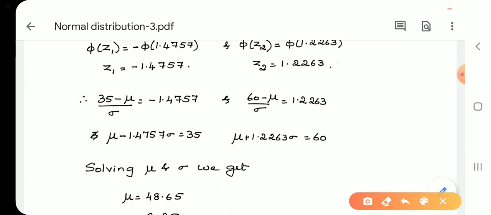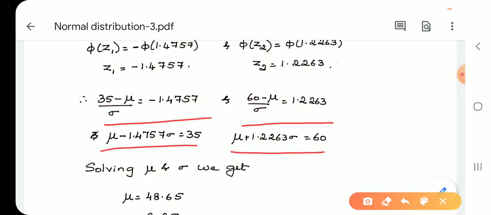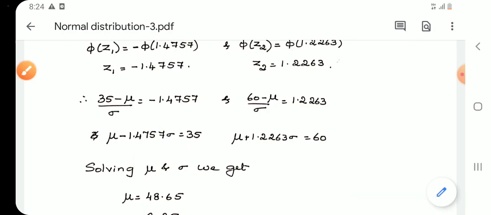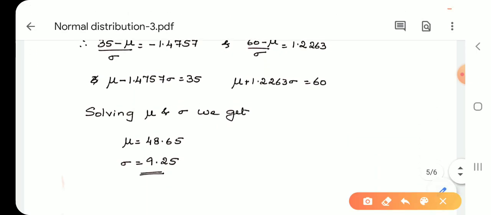So that 35 minus mu by sigma is equal to minus 1.4757 and 16 minus mu by sigma is equal to 1.2263. If we rearrange that, we get two simultaneous equations in mu and sigma. Solve these two equations using your calculator to get the values of mu and sigma.